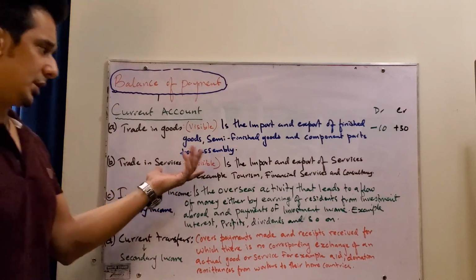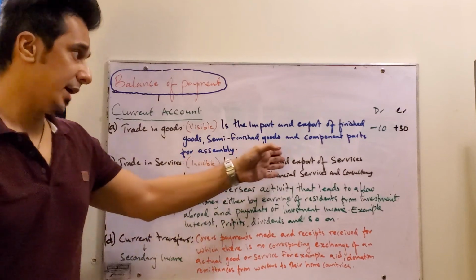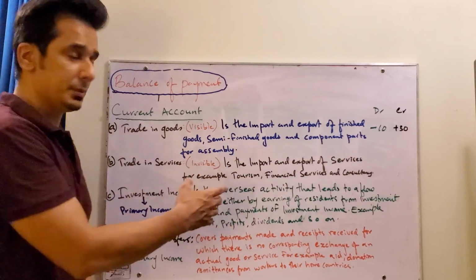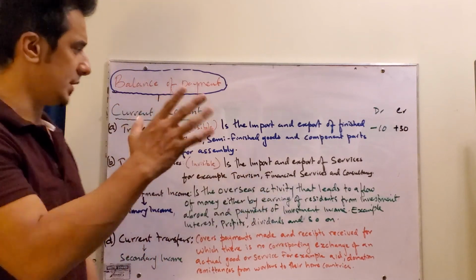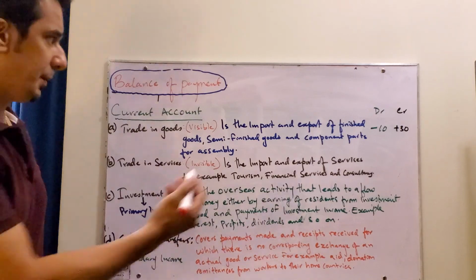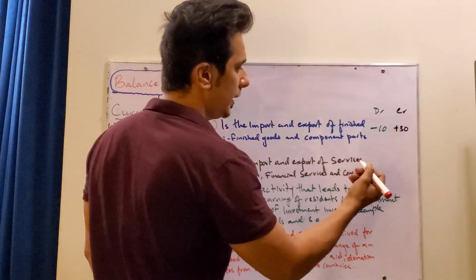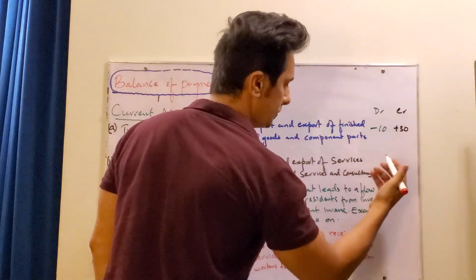Now, talking about trade in services. Trade in services, which includes invisibles, is the import and exports of services, for example, tourism, financial services, consultancies, insurance, and so on. Let's assume Japan decides to buy insurance from London, maybe from the UK.